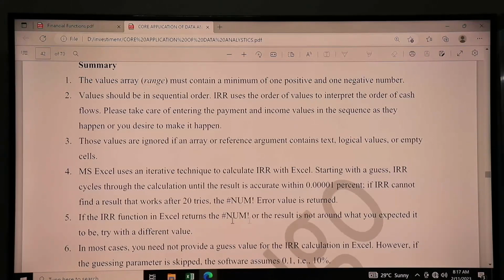So if IRR cannot find a result that works after 20 tries, then this one will always appear. So when the internal rate of return Excel function returns this, the result is not around what you expect it to be, so try with a different value.